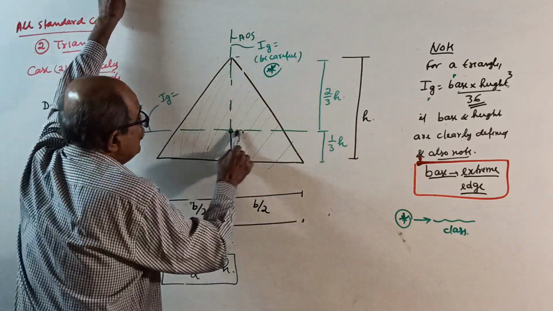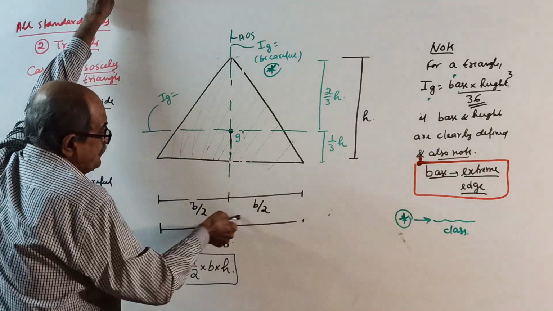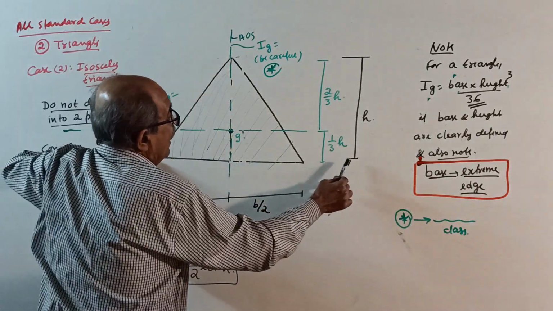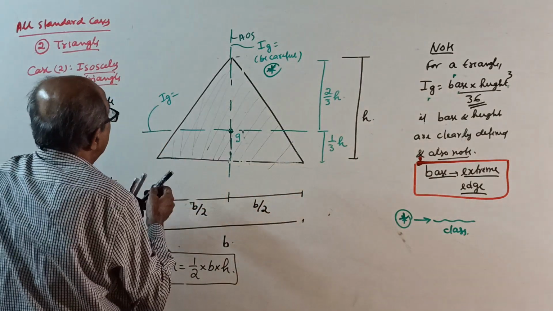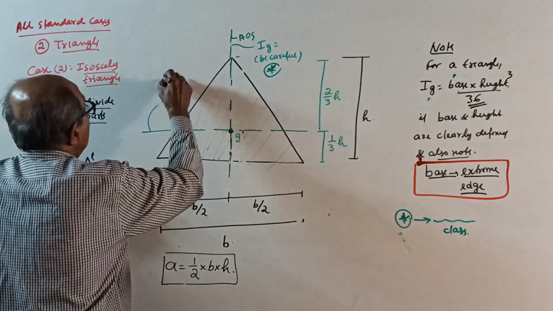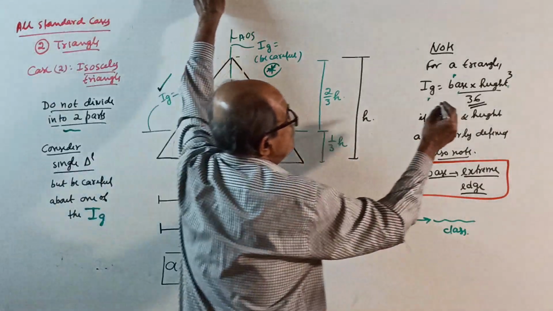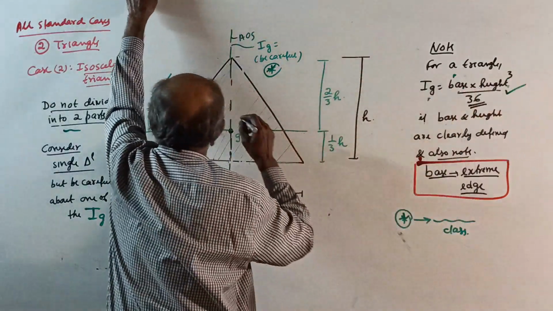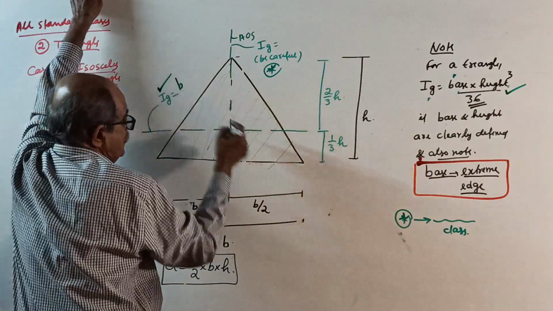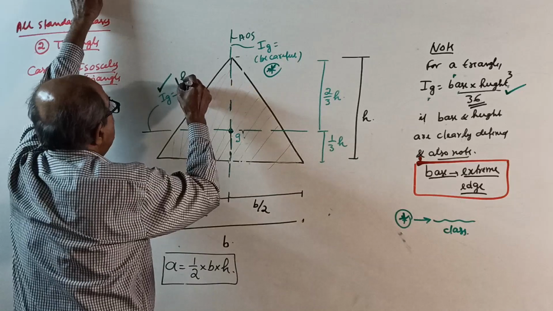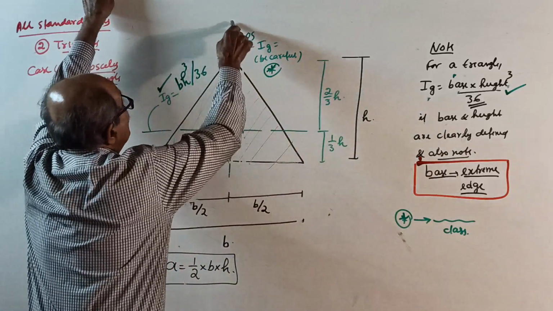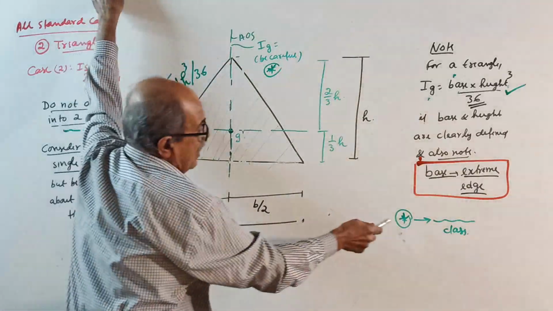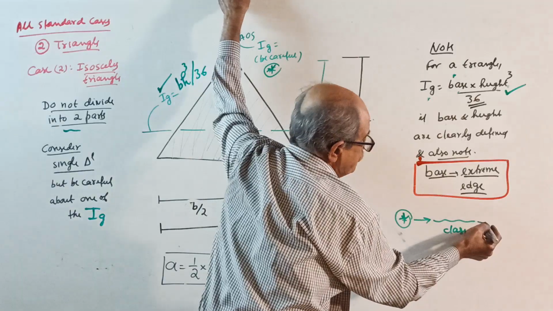Now come here. About this centroidal axis, base clearly defined, height clearly defined, and base is extreme edge, therefore regular, no problem. Right mark means regular. How much? Base into height cube by 36. But about this axis, star, I will dictate something here.